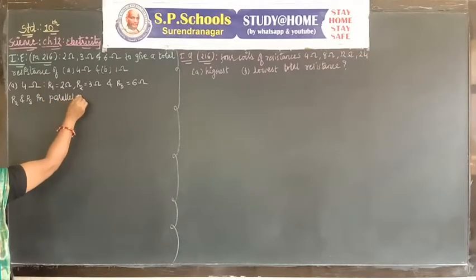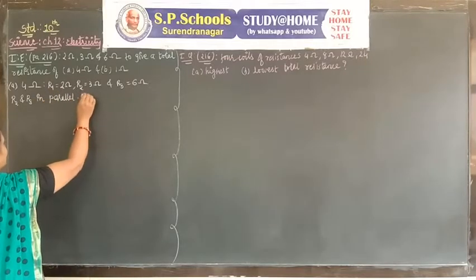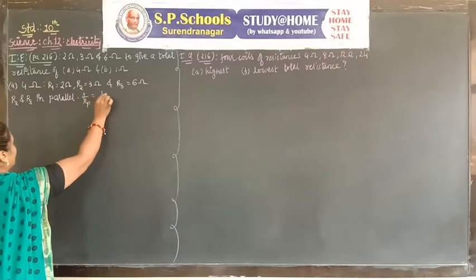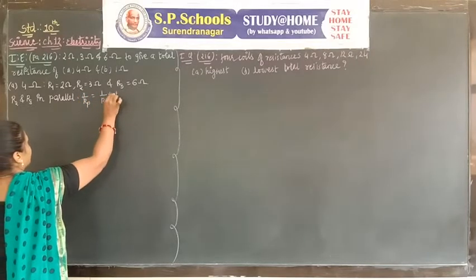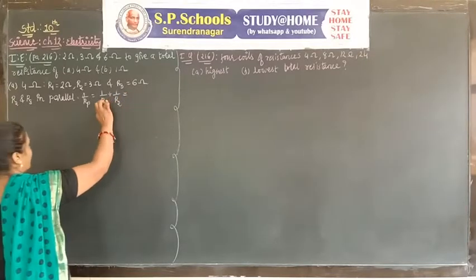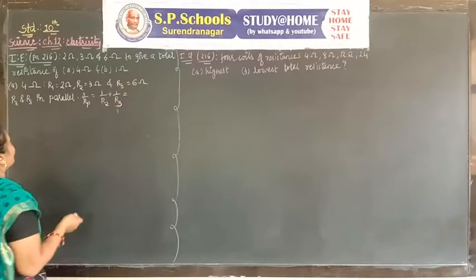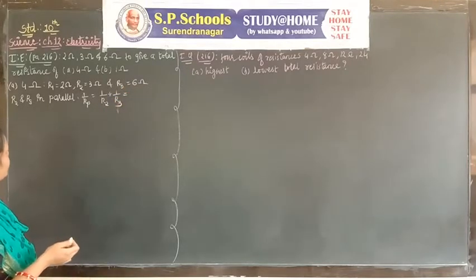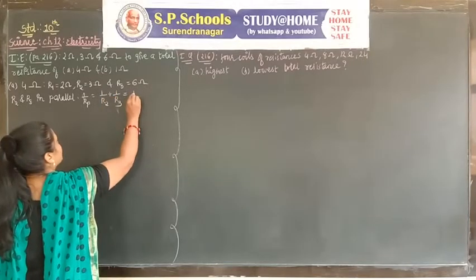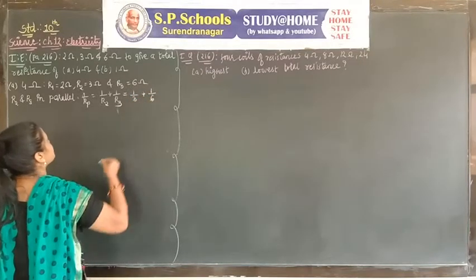So the equivalent resistance of both is 1 upon Rp is equal to 1 upon R2 plus 1 upon R3. 1 upon R2 is 1 upon 3, 1 upon R3 is 1 upon 6.